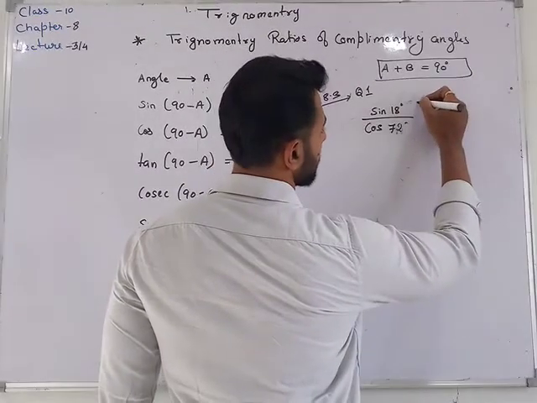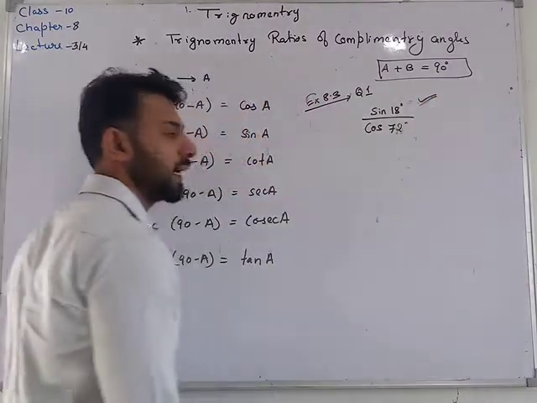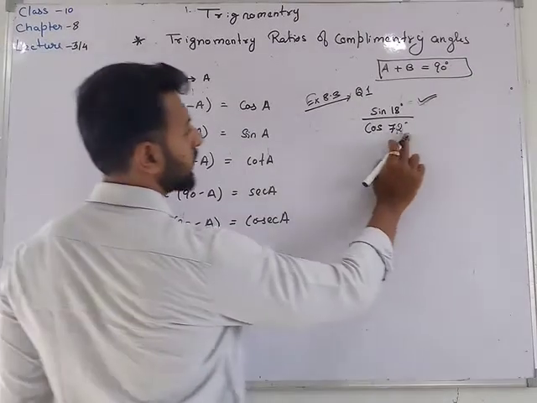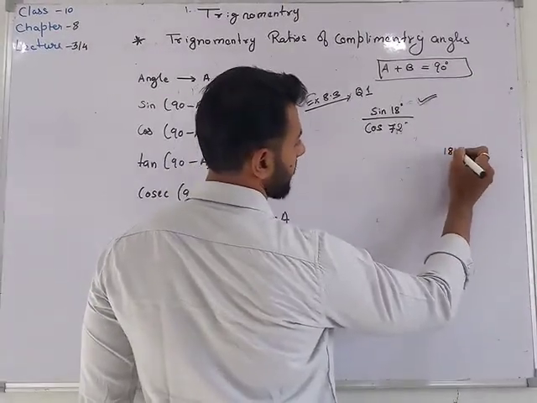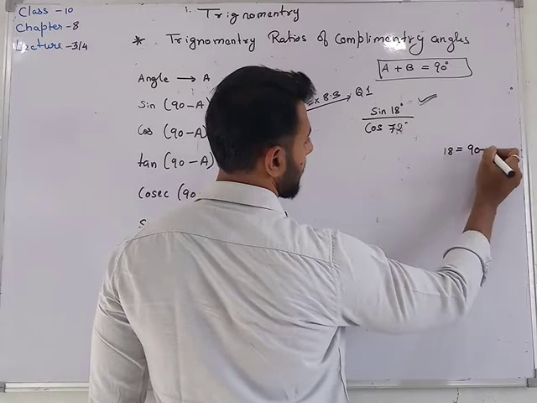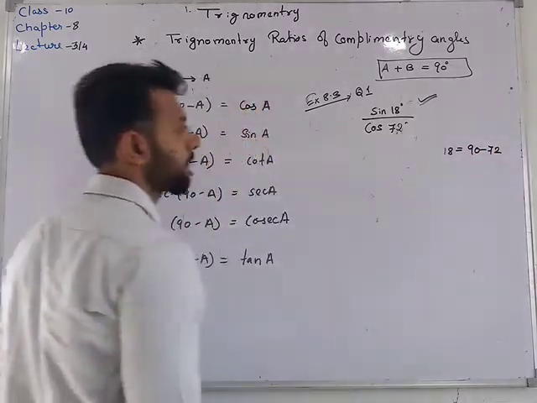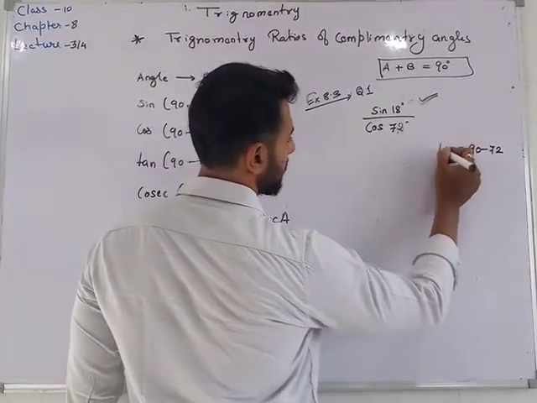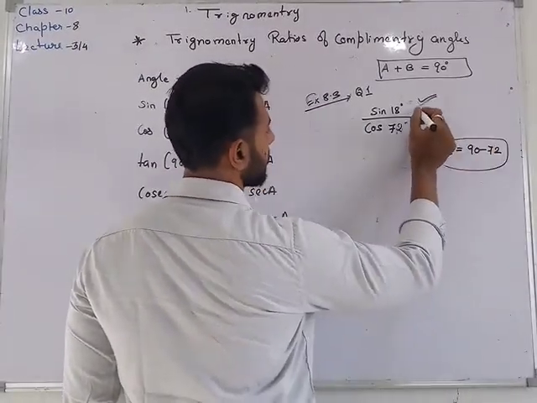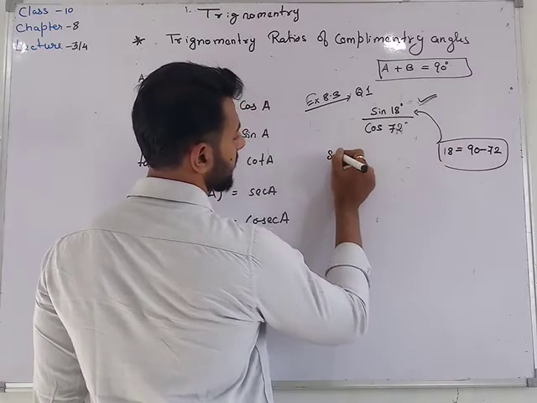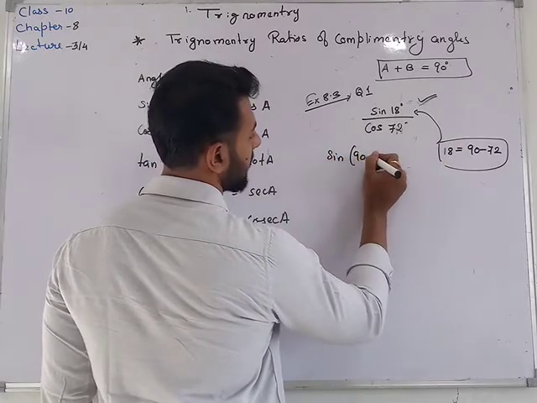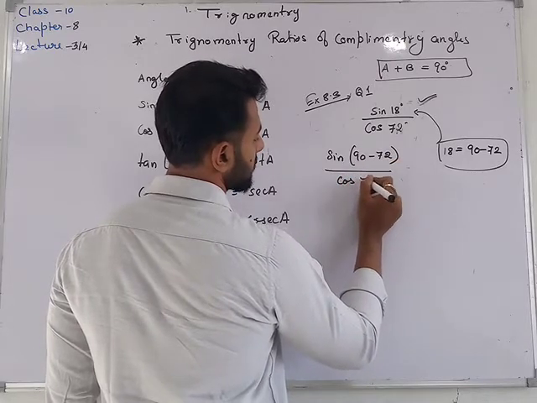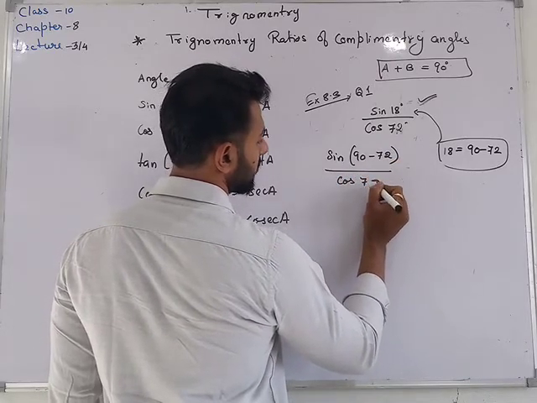Now I am changing the numerator sin 18 degree into the form of cos 72. This 18 can be written as 90 minus 72. Substituting this value, it will be sin 90 minus 72 upon cos 72.